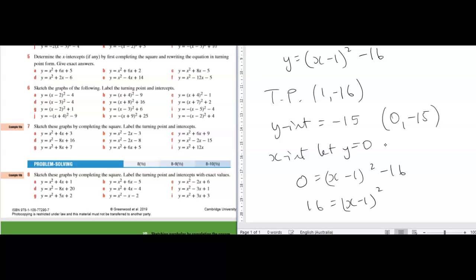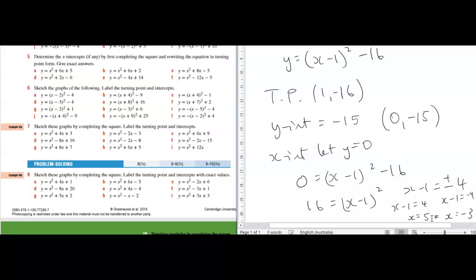Take the square root of both sides. So we're going to have x minus 1 equals plus or minus the square root of 16, which is 4. So x minus 1 equals 4, and x minus 1 equals -4. So x equals 5 and x equals -3.